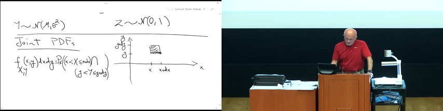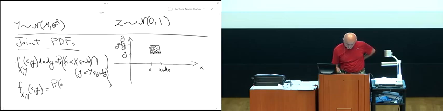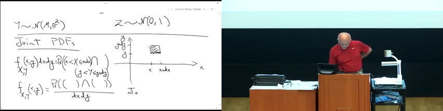So I'm looking at this area. And the joint density is that probability sitting over that infinitesimal area. So it's this probability that we just wrote up there, over dx dy. This is called a joint probability density function of x and y.